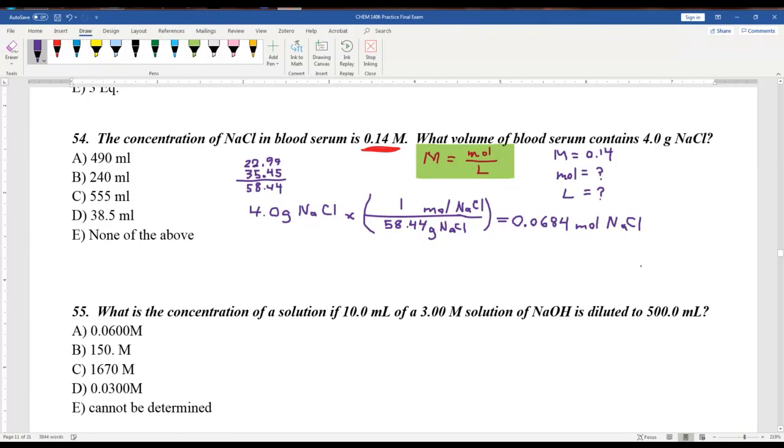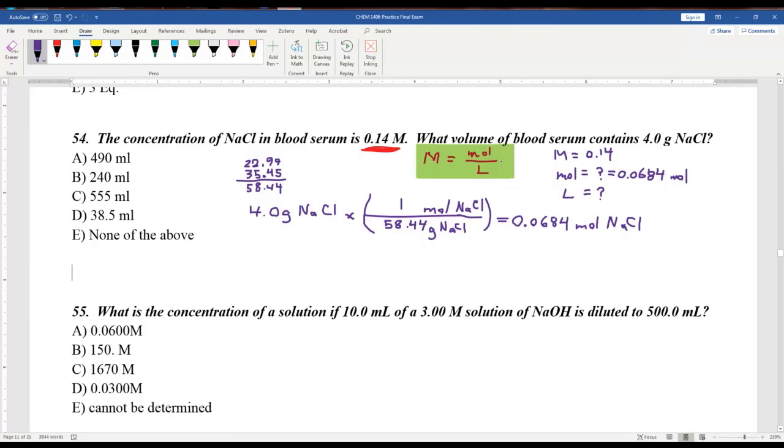Okay, so now I have moles of NaCl, which is 0.0684 moles. So now I can go ahead and solve for the liters. Now to solve for liters, I can't solve for something when it's in the denominator.